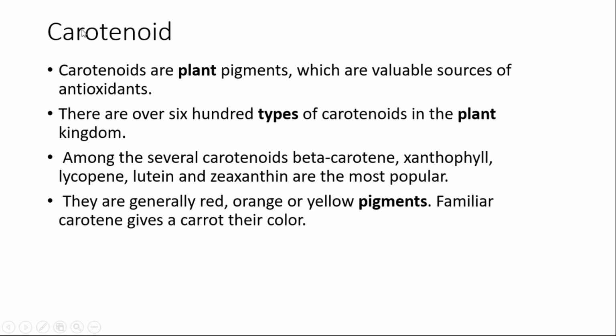These carotenoids range in color from red, orange, and yellow. And the familiar carotenoid is the orange color of carrot, because it contains beta carotene.